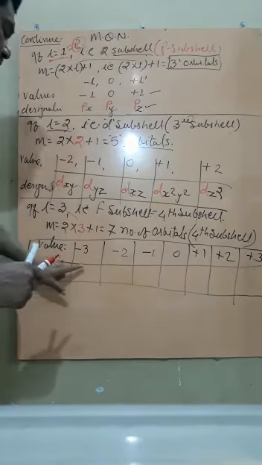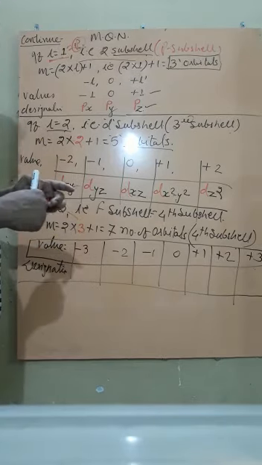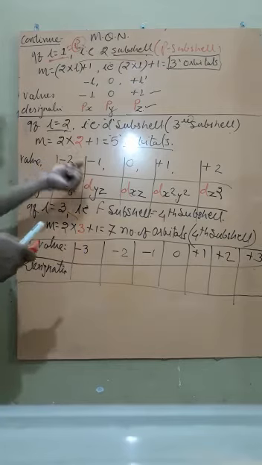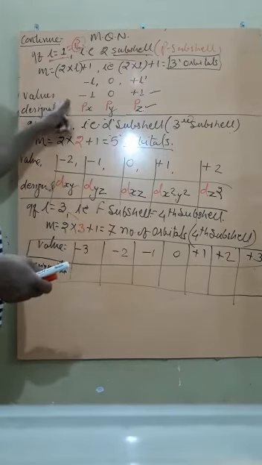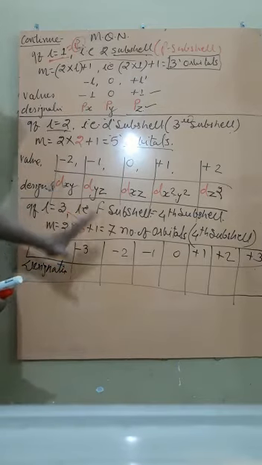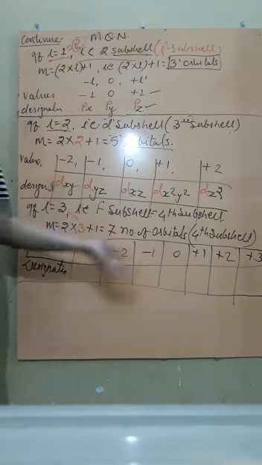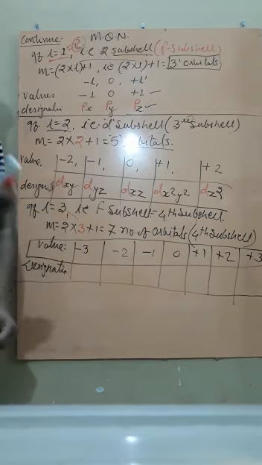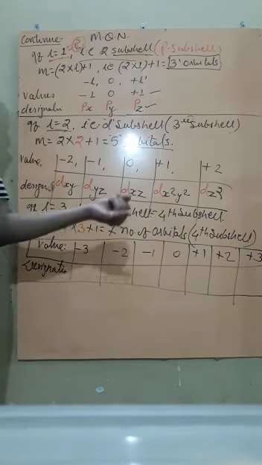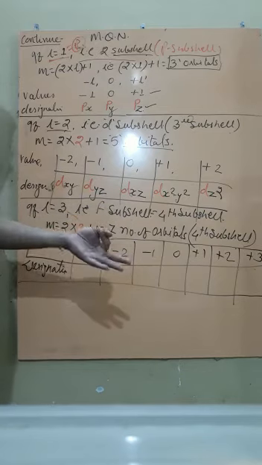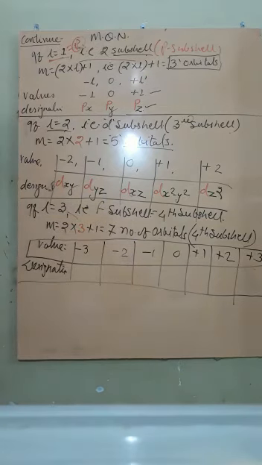The values, the designation and the shapes of the orbitals are given only for S, P and D, not for F. Even in the next content, when we deal with the shapes of orbitals, we will study only the S, P and D subshells. But while we are understanding the quantum numbers, we have to go through the F subshell.